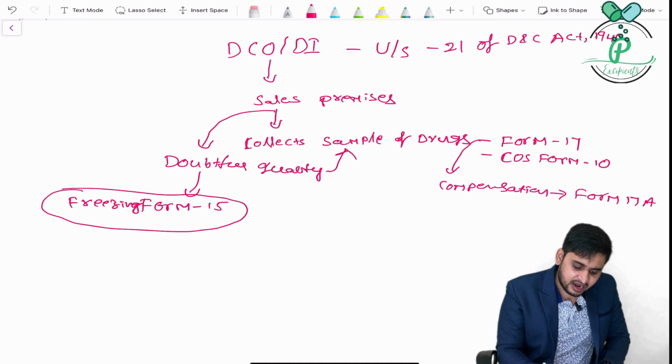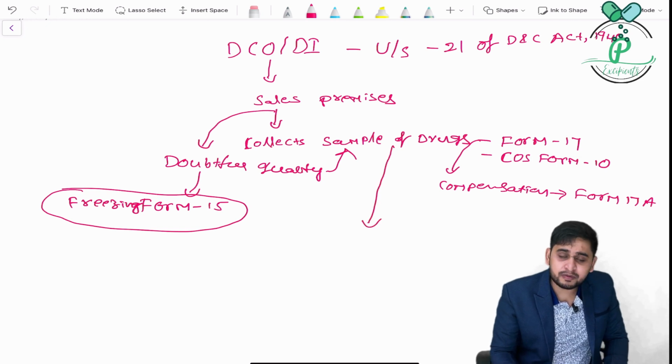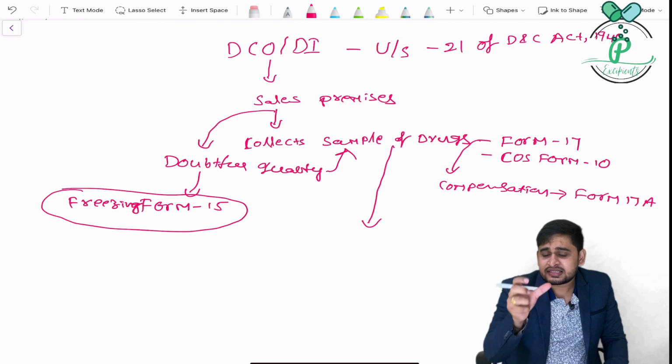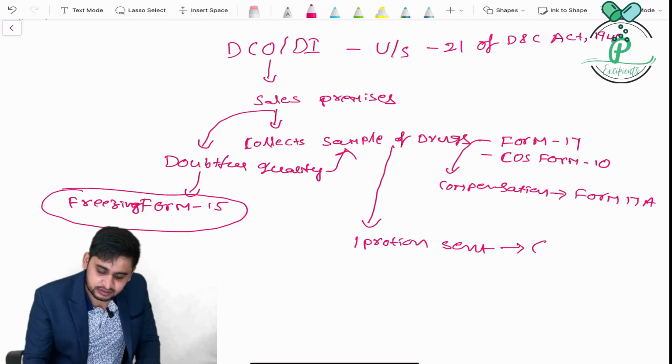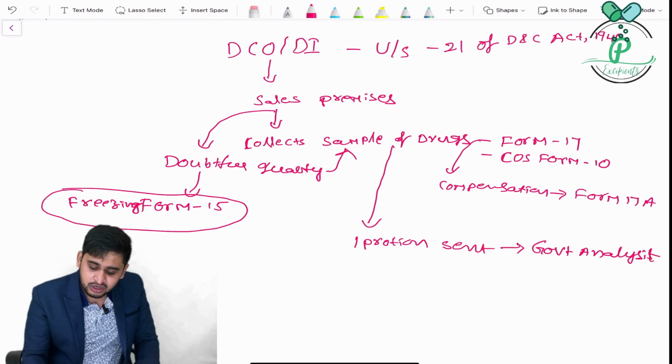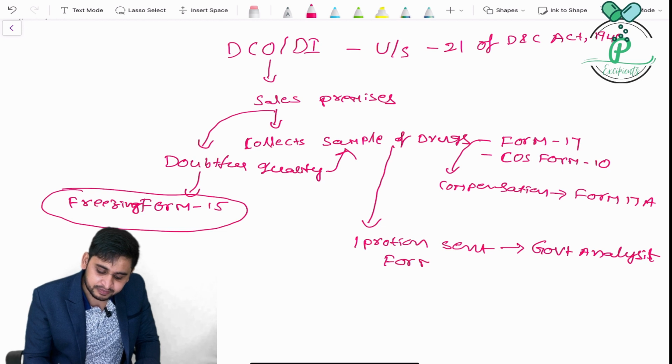After collecting the samples, the drug inspector would be sending the drug samples, one portion sent to the government analyst. To send it to the government analyst, the drug inspector will send the sample portion along with Form 18.